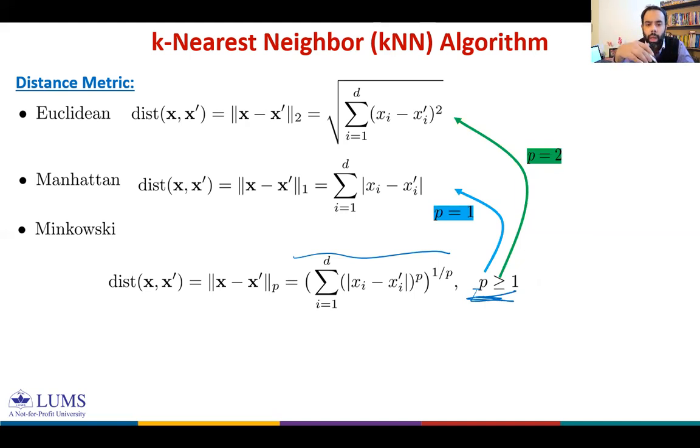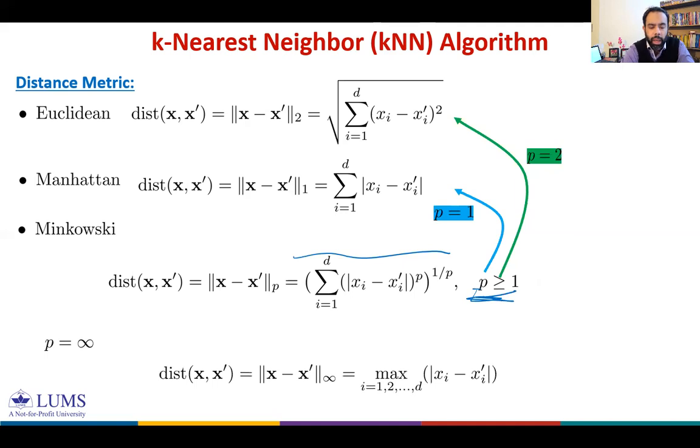If you keep on increasing p, in the extreme setting when p is equal to infinity, we call it the infinite norm of x minus x dash, and that is simply given by the maximum of the distance along each dimension. So what do we have here? x i minus x dash i, right?